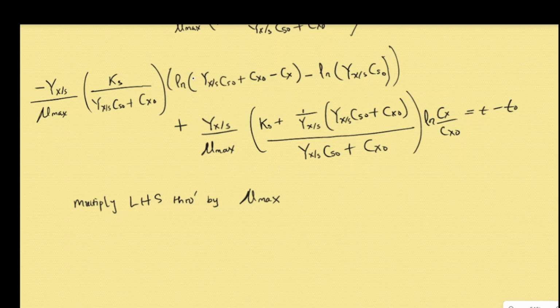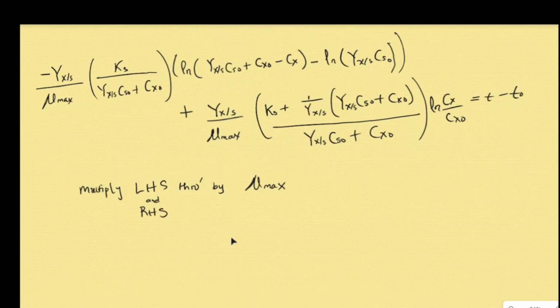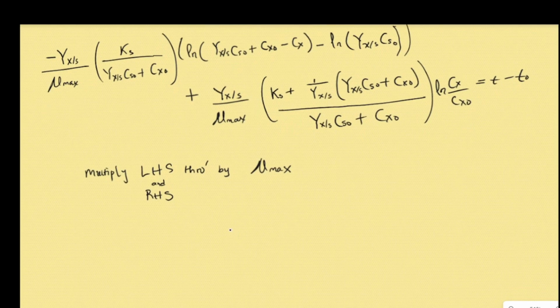Sorry, we're multiplying everything, left hand side and right hand side, by mu max. So if you multiply the left hand side and the right hand side by mu max, it is going to cancel out on the left hand side, and it's going to appear here on the right hand side.